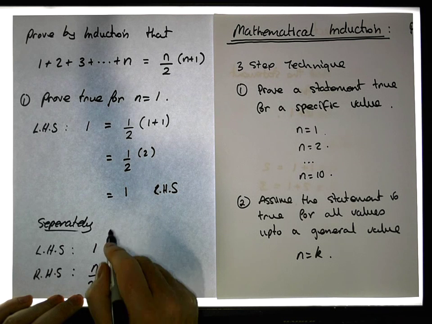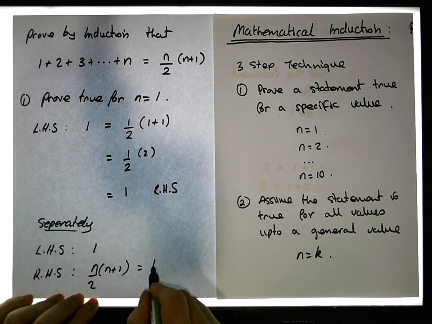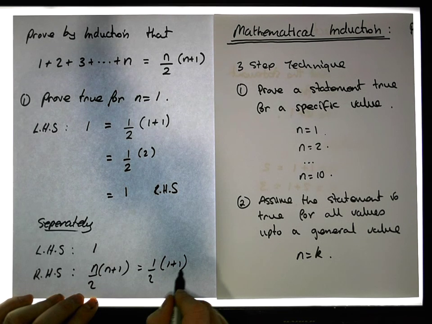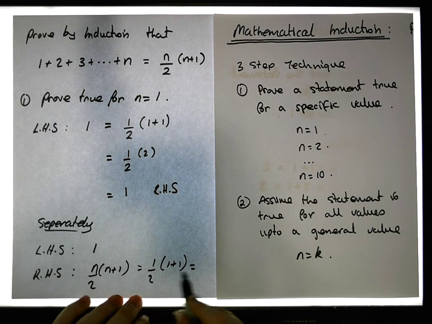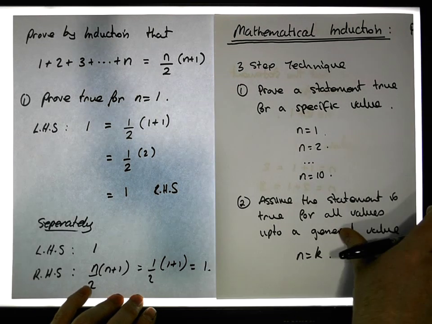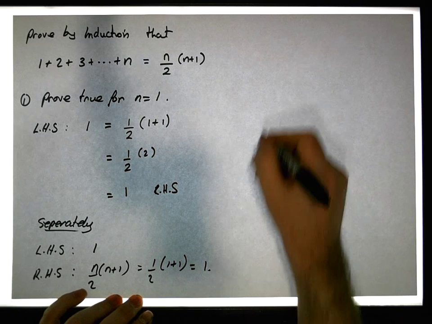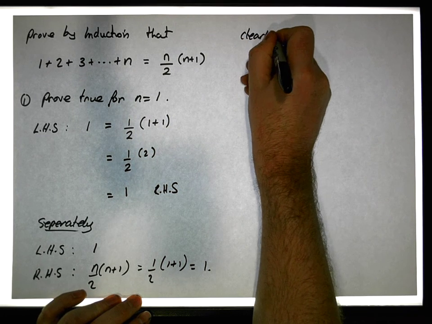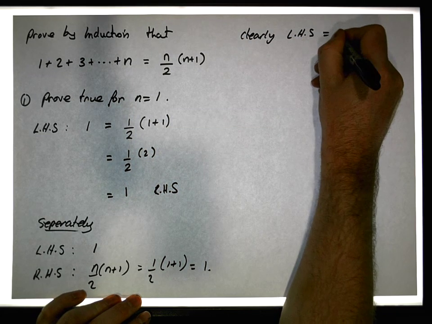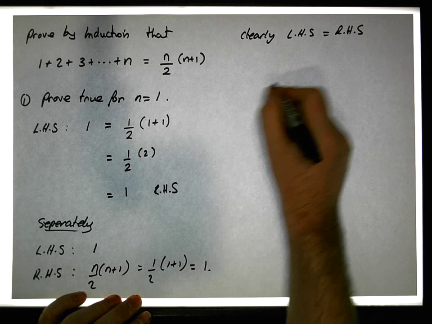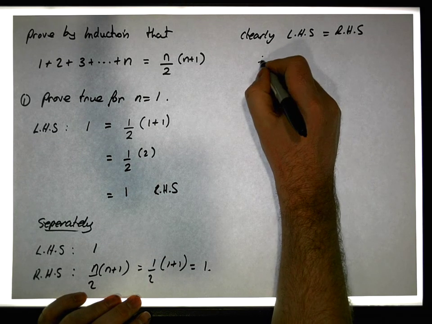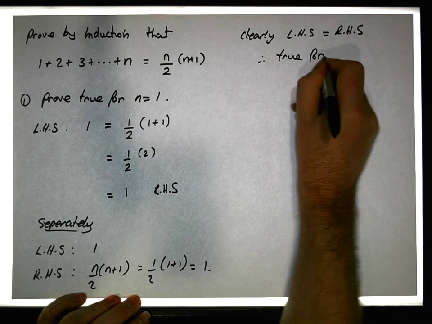When n is equal to 1, that becomes 1 over 2 times 1 plus 1, which is a half times 2, which is equal to 1. So clearly the left hand side is equal to the right hand side, so hence it's true. Therefore it's true for n is equal to 1.